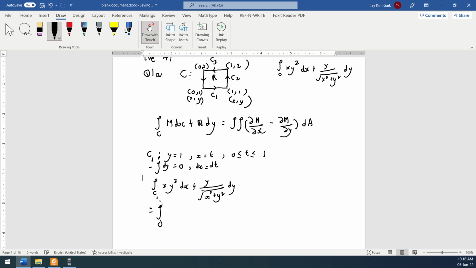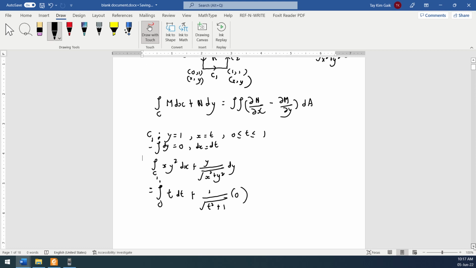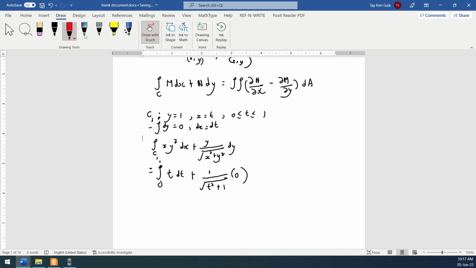Okay, t from 0 to 1, x equal to t. Y is 1, so y squared is 1. Dx equal to dt. So plug in, y is 1, x is t, so it's t squared. Y is 1. Dy equal to 0, so this second part is 0.